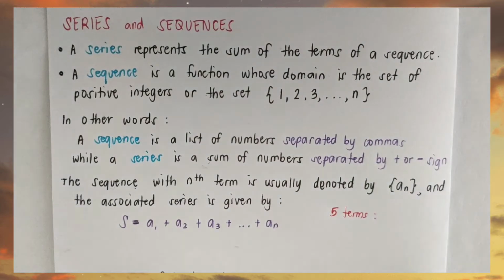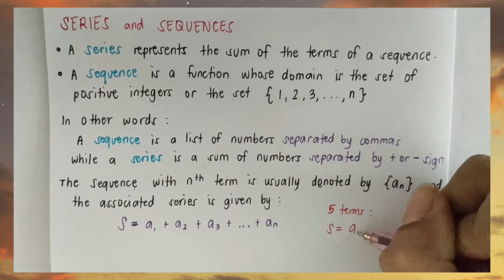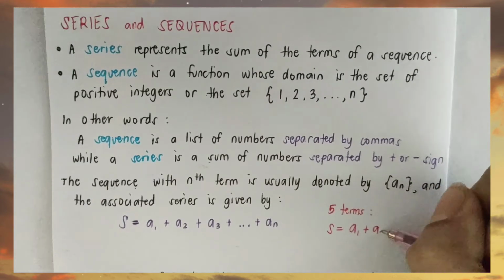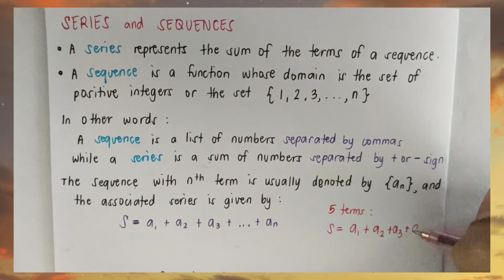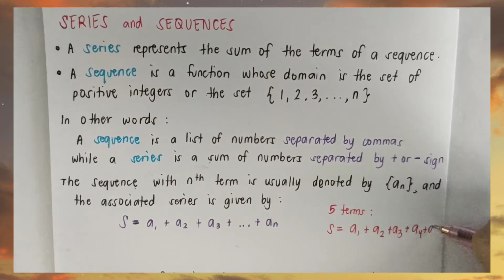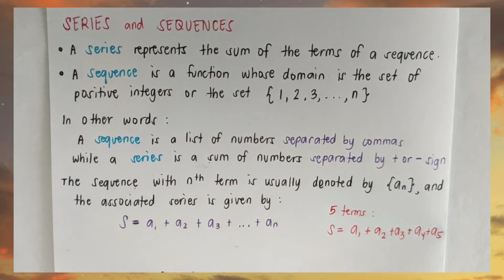These terms will be S is equal to a sub 1 plus a sub 2 plus a sub 3 plus a sub 4 plus a sub 5. This is now the associated series of the 5 terms.